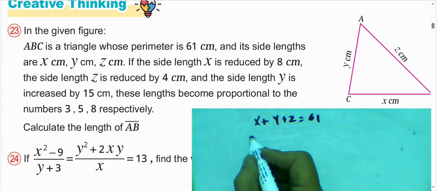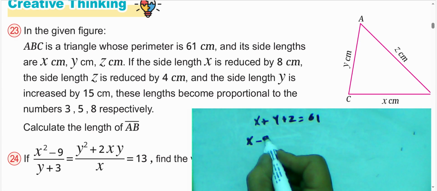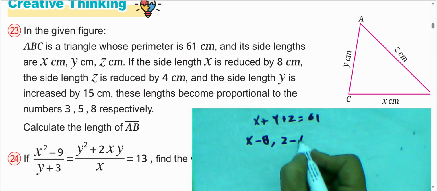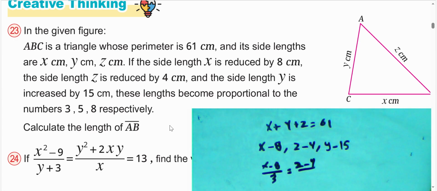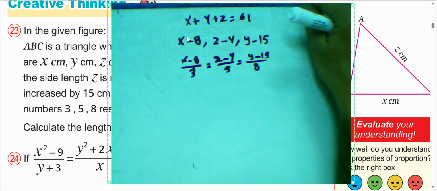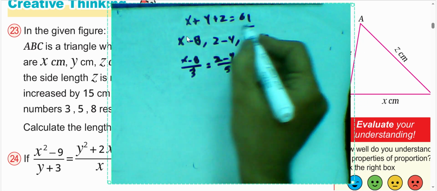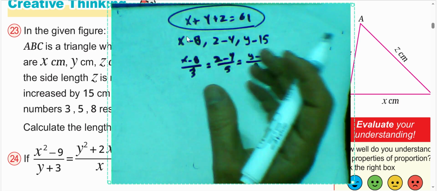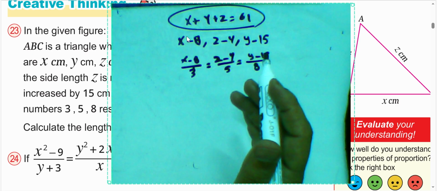If we have x reduced by 8, and z minus 4 over 5 equals y minus 15 over 8. Okay, and this information we can add, numerator by numerator and denominator by denominator, by adding antecedents and consequents of the three ratios.